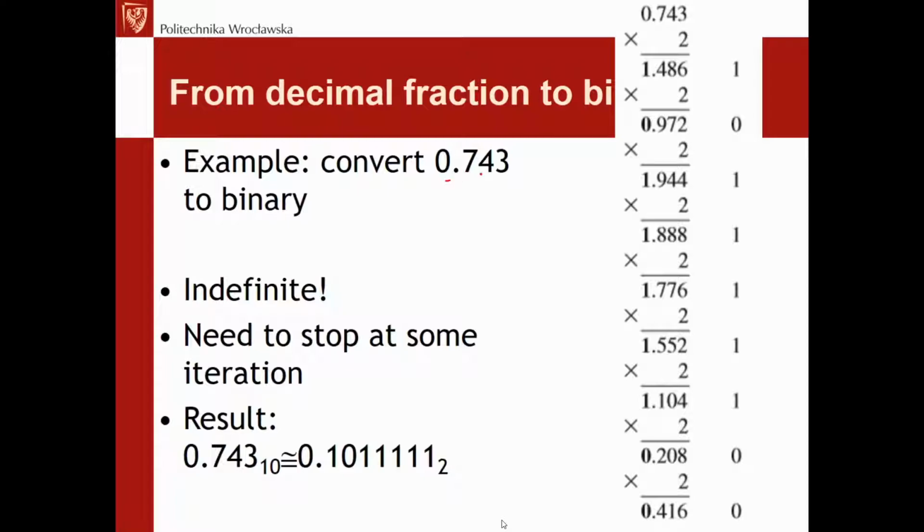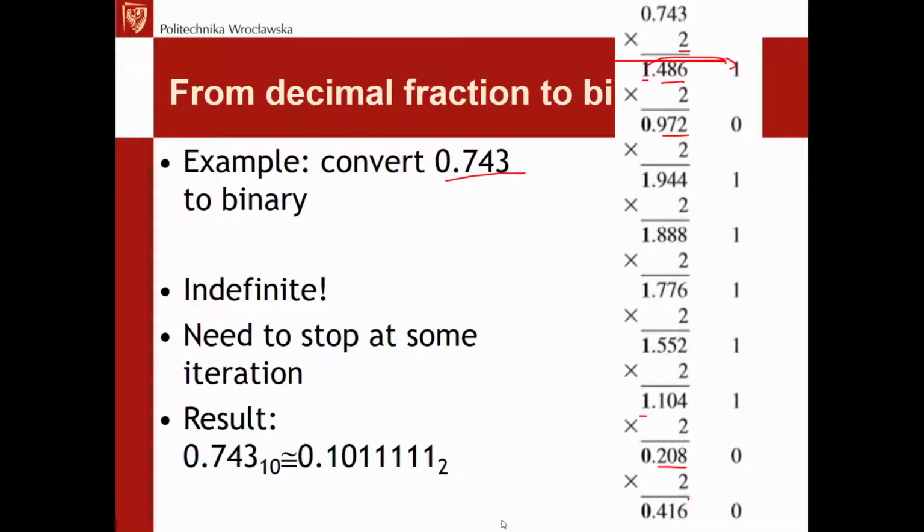So take a look at 0.743, for example. We multiply by 2. We get 1 here, so we take the 1 as our MSB. We have a remnant. Then we proceed with this looping. We multiply by 2, and then we land at this point where we have 0.408, and then 0.416.